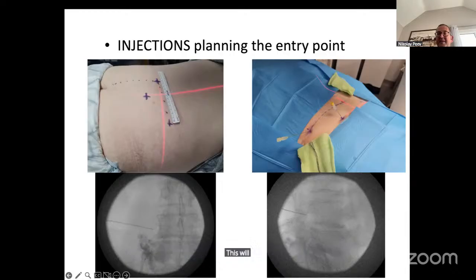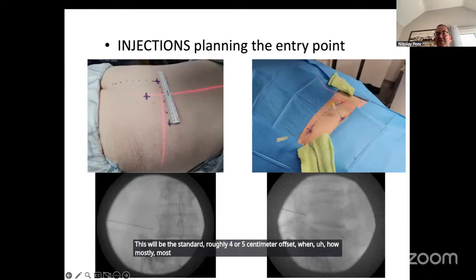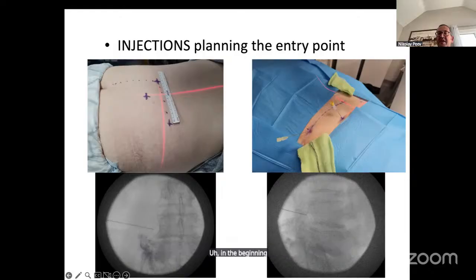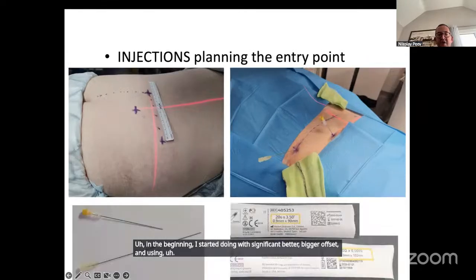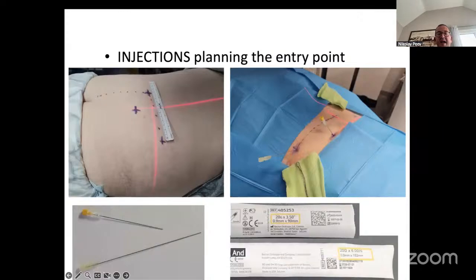This will be the standard, roughly 4 or 5 centimeter offset, how most of us do the transforaminal injections. In the beginning, I started with a significantly bigger offset and using a needle that is not 9 but 16 centimeters, and like that I was able to train the new trajectory that I was planning to start.